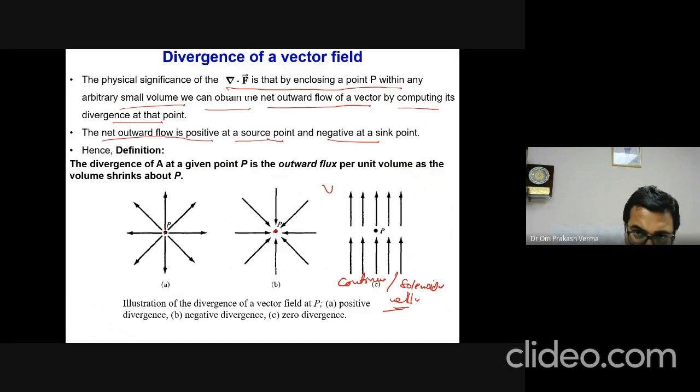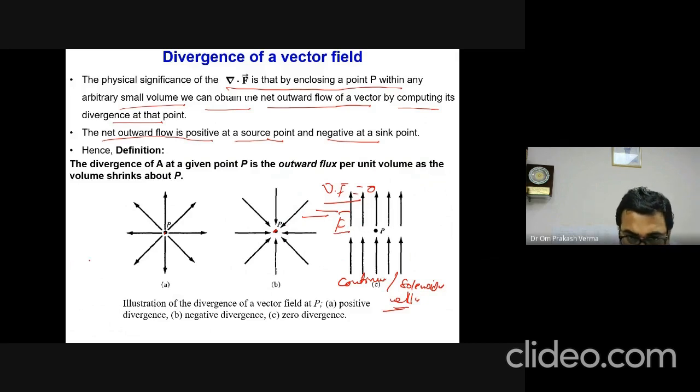So del dot F becomes 0 for an incompressible fluid or the magnetic lines of the field surrounding a magnet. There is no net outward flow. In this case, del dot F becomes 0 and the F vector is said to be a continuous or solenoidal vector field.